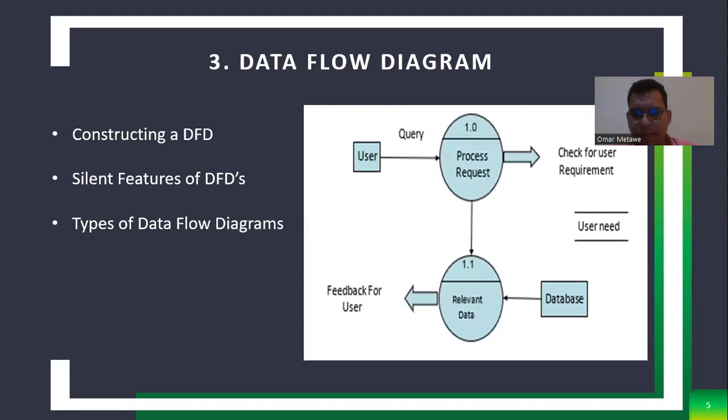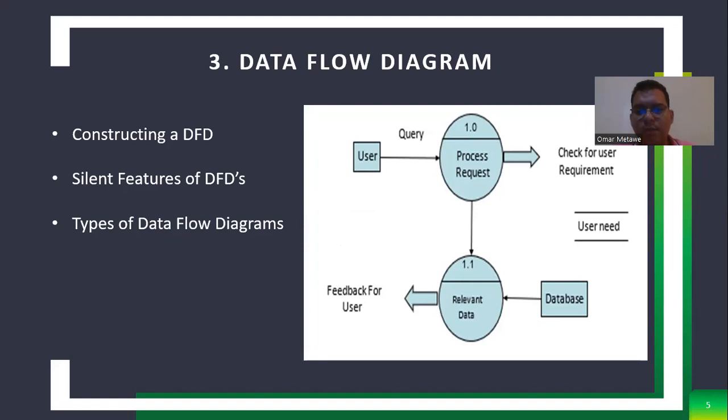Data flow diagram. A data flow diagram is a graphical tool used to describe and analyze the movement of data through a system. A DFD consists of a series of bubbles joined by data flows in the system. Constructing a DFD. Several rules of thumb are used in drawing DFDs. Processes should be named and numbered for easy reference.